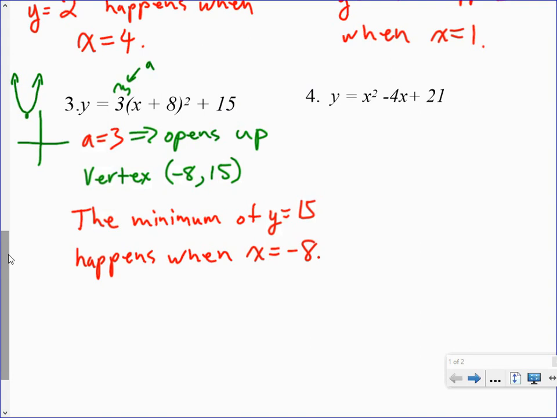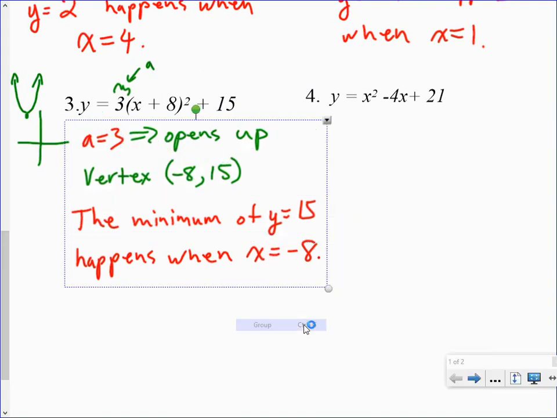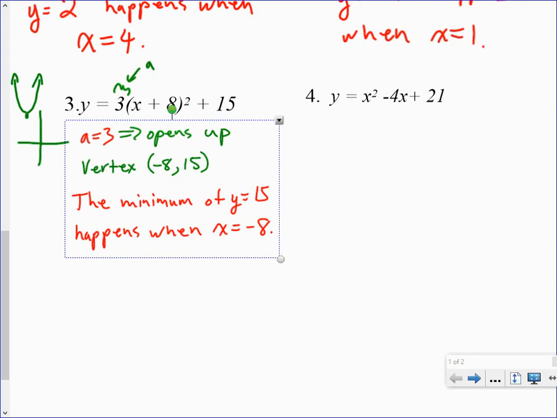Now for this last one here, remember how we used to take a look at the information on our basic standard parabolic equation?